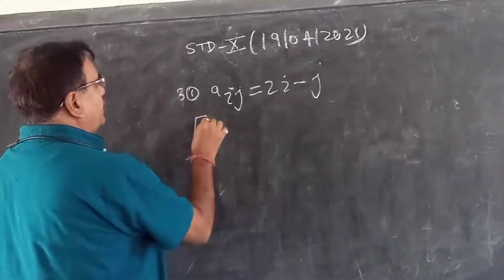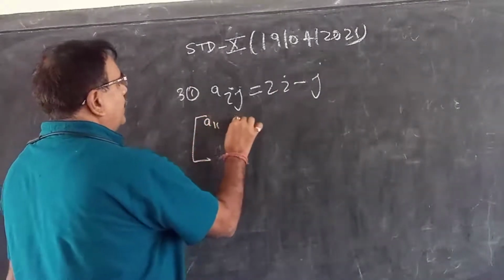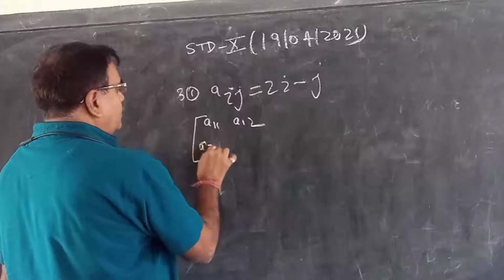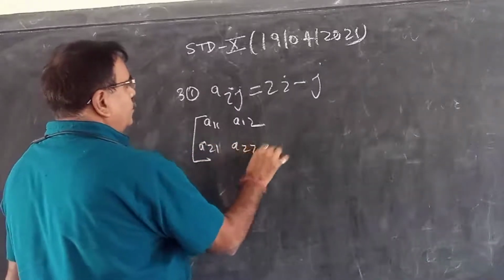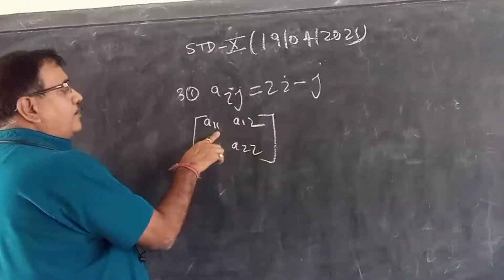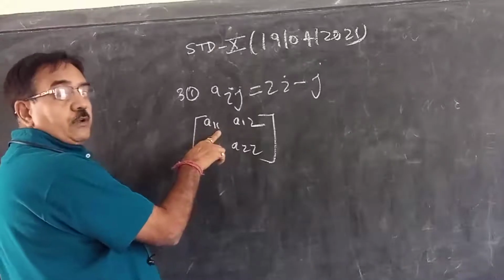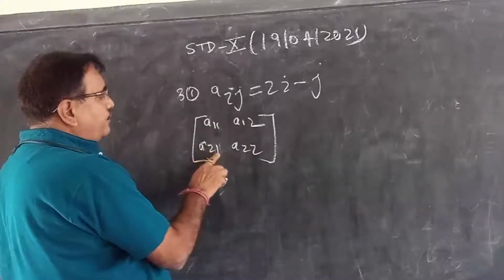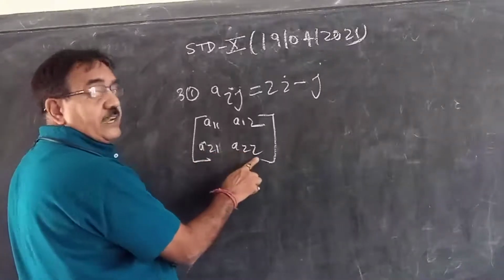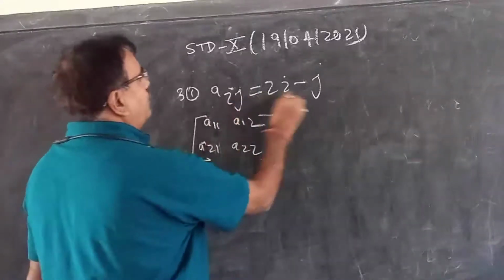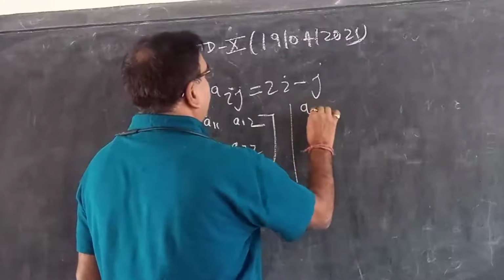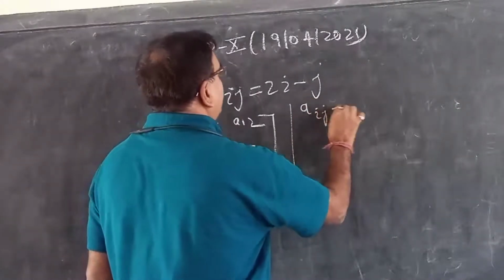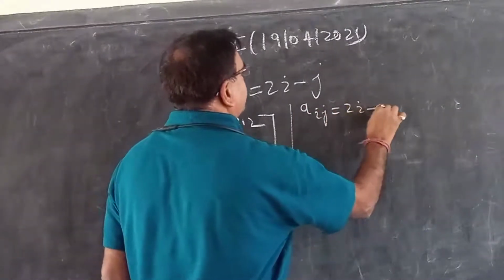If we take A11, A12, A21, A22: A11 means first row, first column; A12 first row, second column; A21 second row, first column; A22 second row, second column. Now these values we have to find. Aij is equal to 2i minus j.